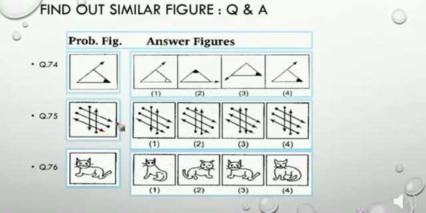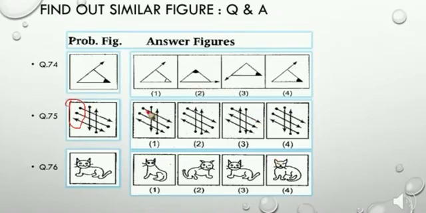Question number 75. We need to be careful in this question because it is a little confusing; there are arrows with certain directions. You need to check the directions and the dots and other things carefully. So let's check from this portion. This is an arrow, this is a dot, there's another dot.